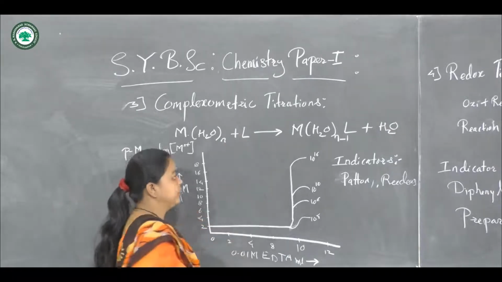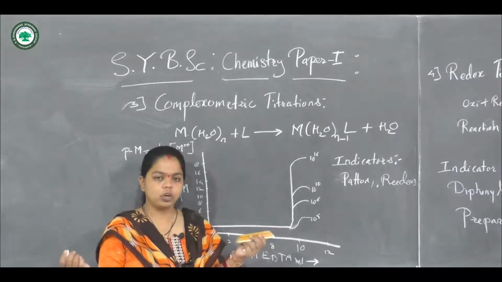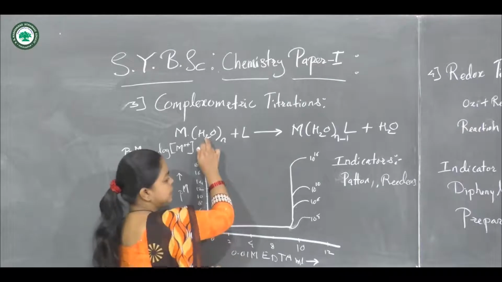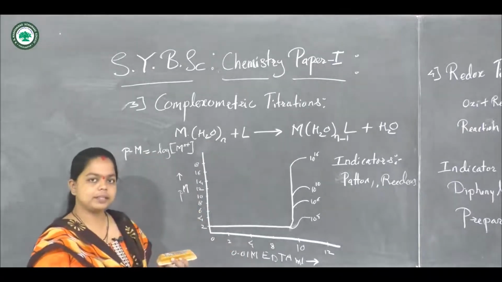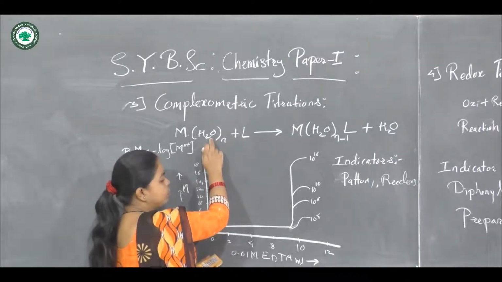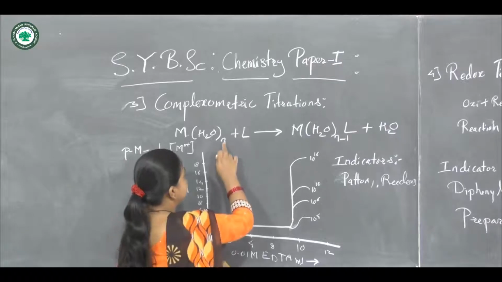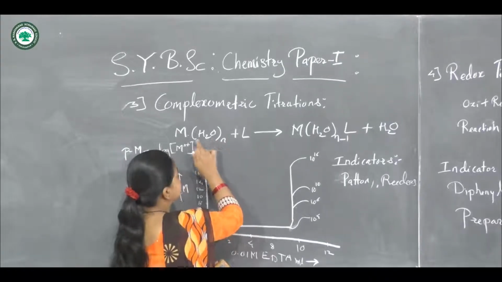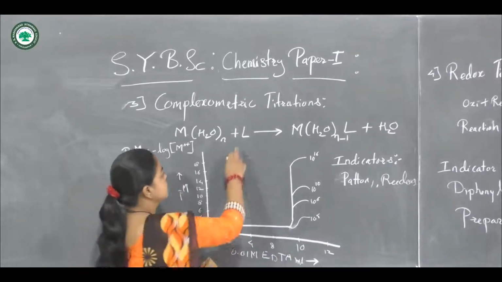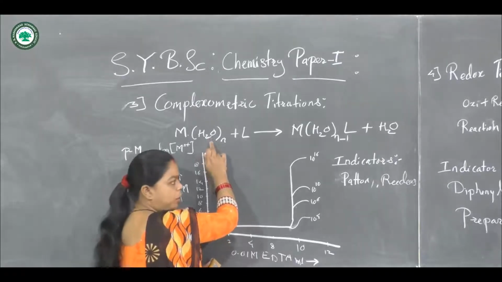Depending upon the affinity of L, if it has a strong affinity for the metal ion, then it will replace the ligands which are present in the complex, and this ligand will get removed. So this water molecule will get replaced by the ligand here. If we consider n number of water molecules present in this complex and one ligand is added here, this ligand will replace one of the H2O molecules.